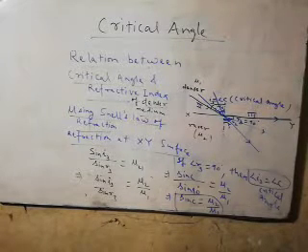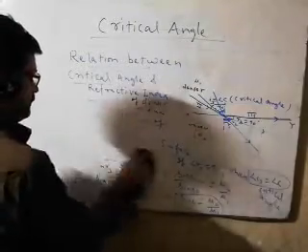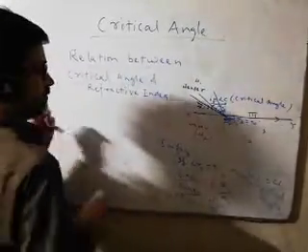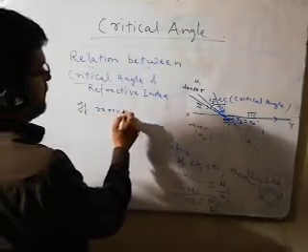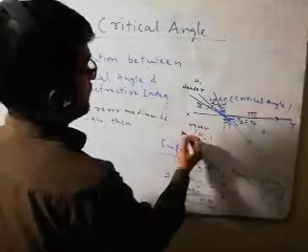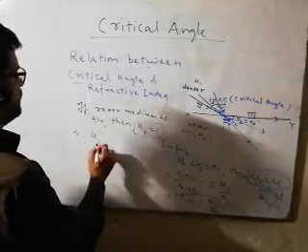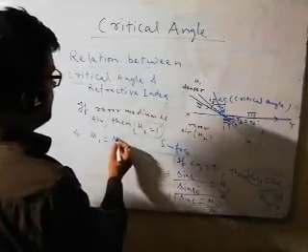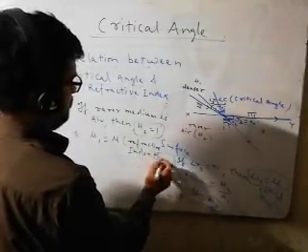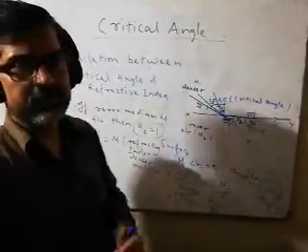If rarer medium is air, then what will happen? If rarer medium is air, then mu2 will be equal to 1 and mu1 we are taking as mu, the refractive index of denser medium.